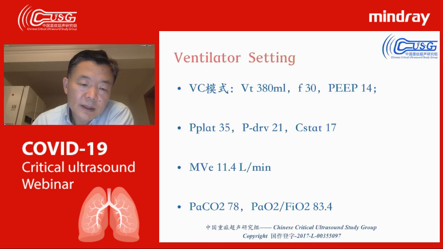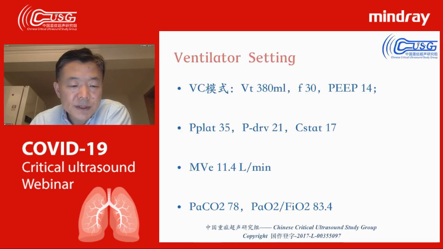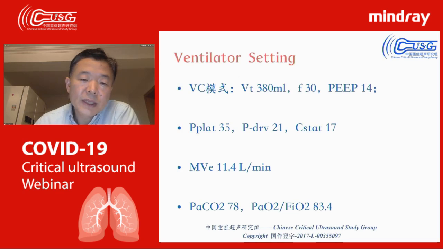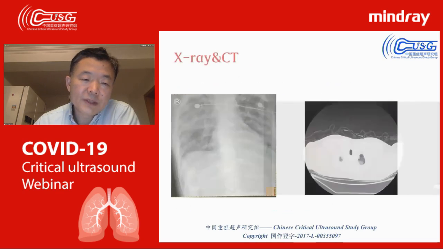The minute volume is 11.5 liters per minute. After this, the gas examination showed PCO2 is 78, and the oxygenation index is, I think, lower at 83.2. So the patient's condition became more severe.